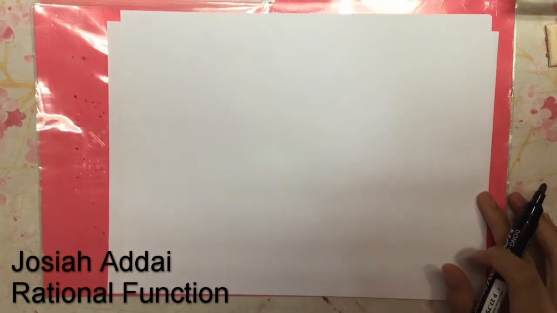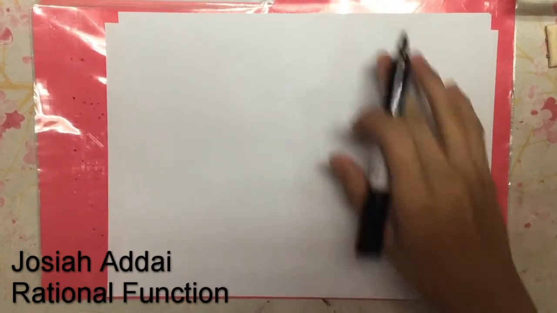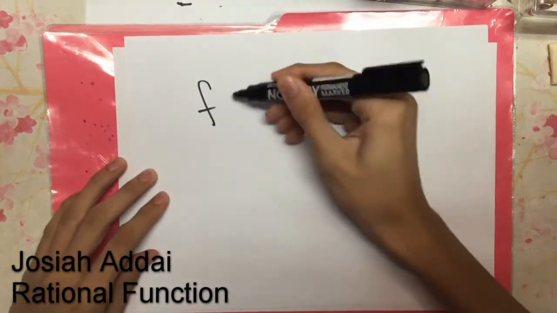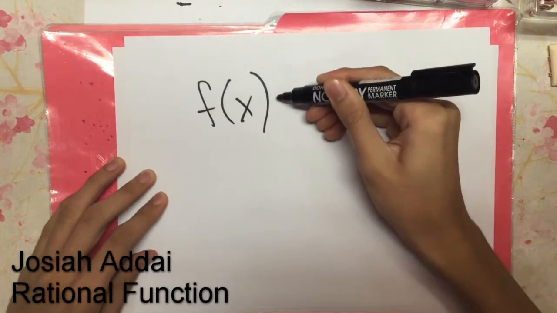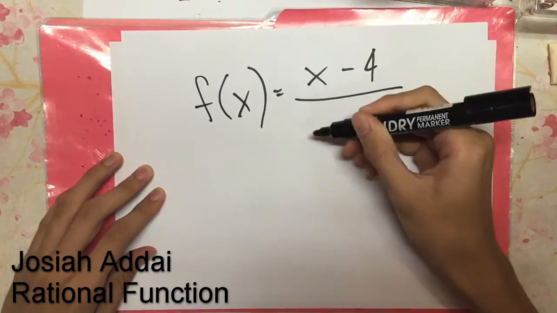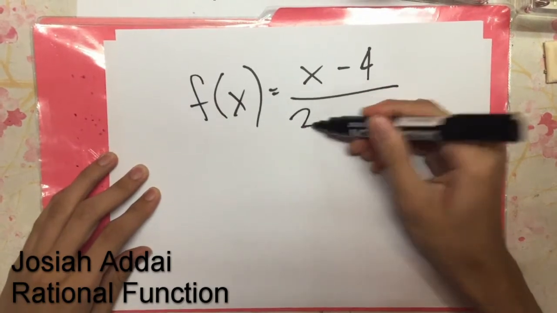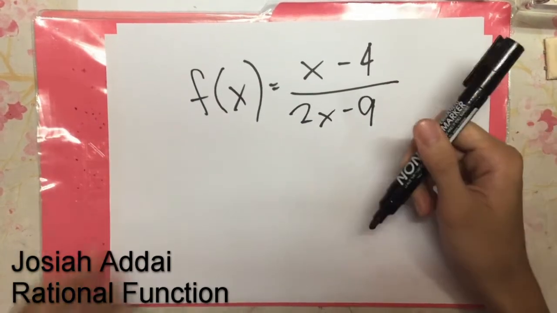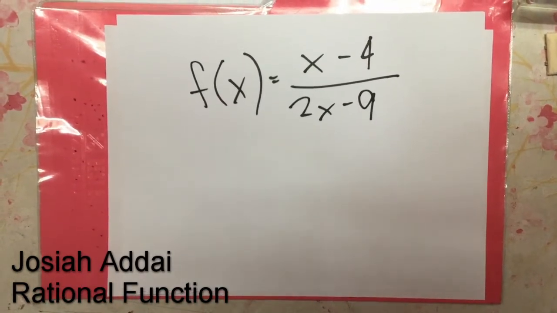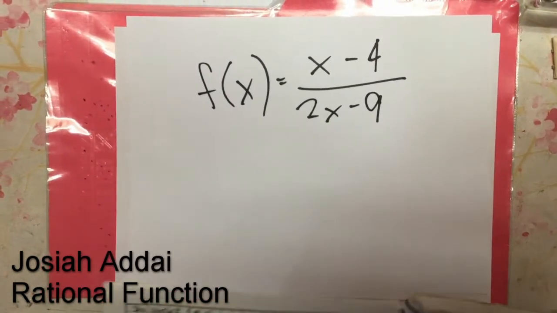We will be discussing rational functions. I will give an example: f of x equals x minus 4 over 2x minus 9. There are six steps for rational functions.